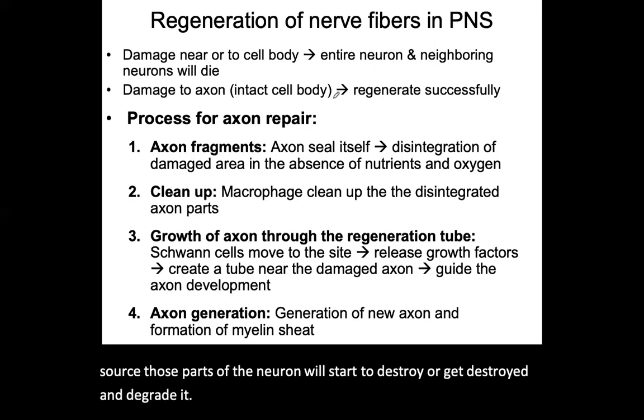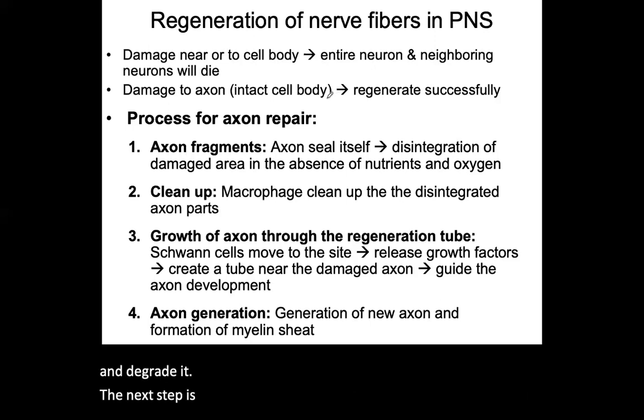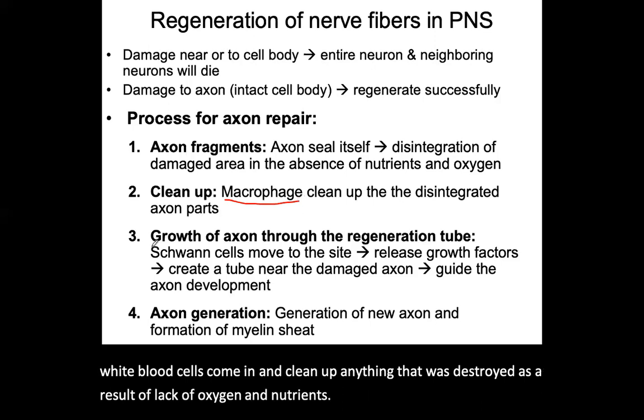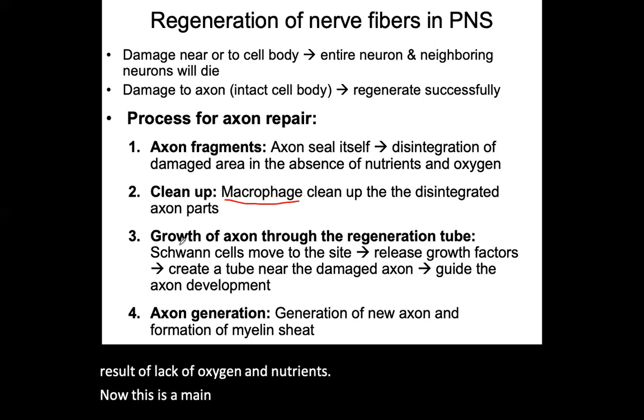The next step is that macrophages, which are identified as a group of white blood cells, come in and clean up anything that was destroyed as a result of lack of oxygen and nutrients. Now, this is a main step, step 3, growth of an axon through a regeneration tube.